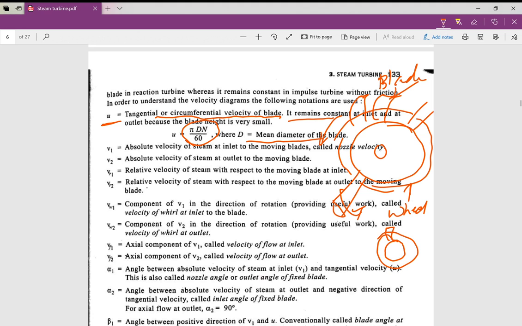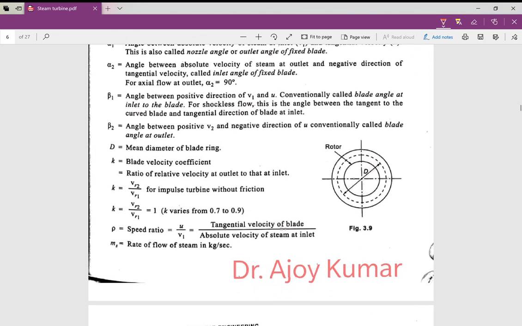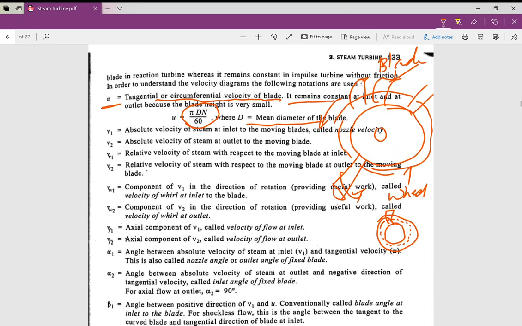So therefore mean is written over here. So this is your mean diameter of the wheel, capital D. This part is your rotor. So u is your tangential velocity or circumferential velocity, that is pi d n upon 60.